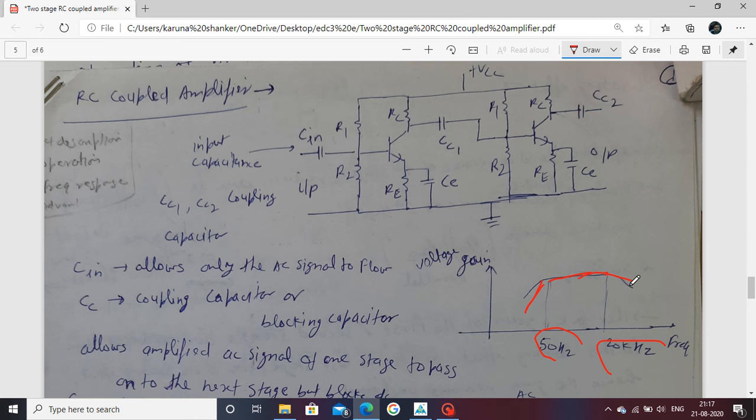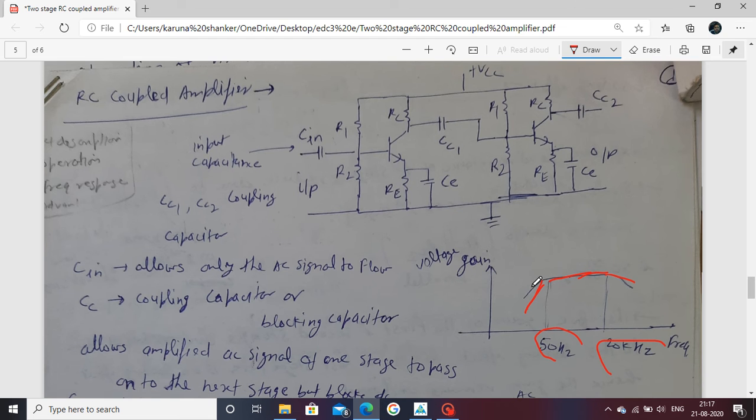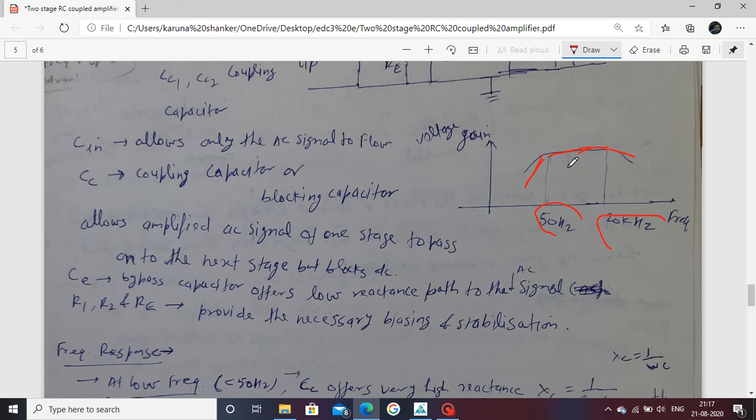This is explained through the components similar to the single stage amplifier. In the lower region the voltage gain decreases, and above 20 kHz, in the higher frequency region, the voltage gain decreases, and between these regions the voltage gain is constant.